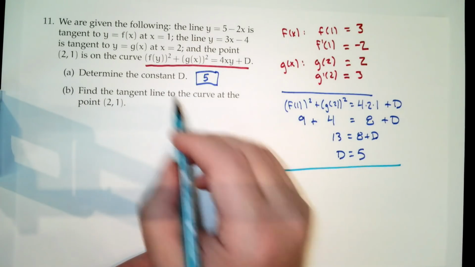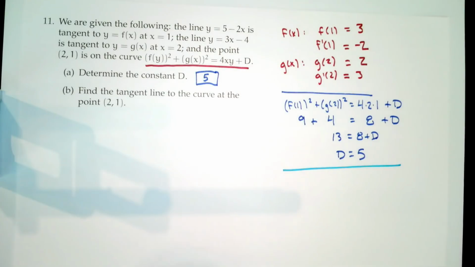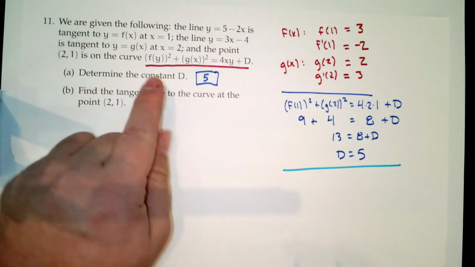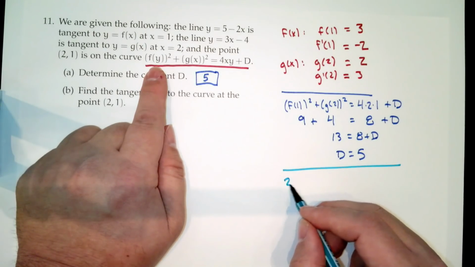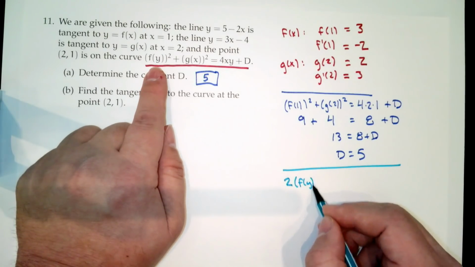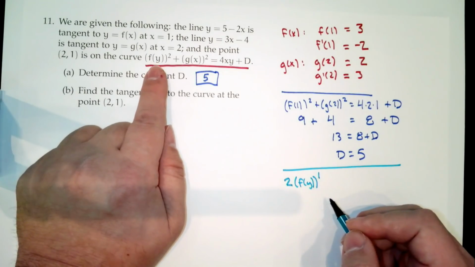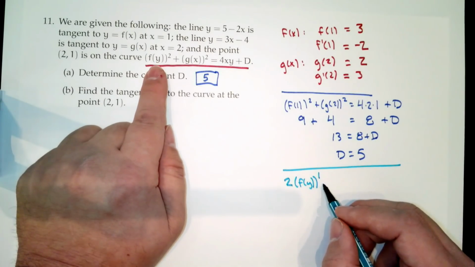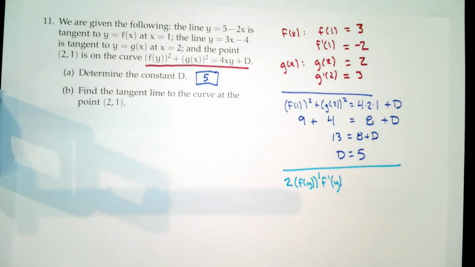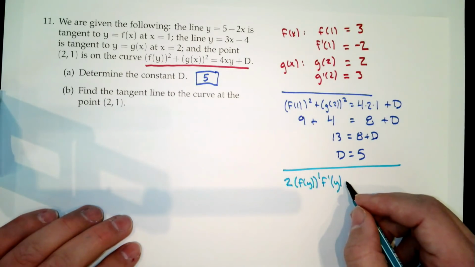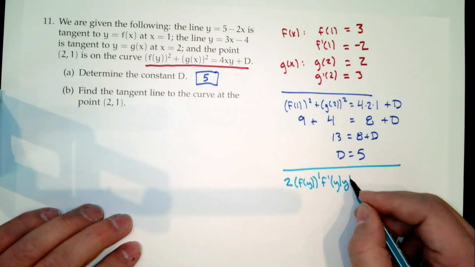So we're going to take the implicit derivative of both sides. Remember, think of y as a function of x. So when you get to the derivative of y, plug in y prime. The derivative of f of y squared, chain rule: the 2 comes down, f of y to the first power, times f prime of y, times the derivative of what's on the inside of f, which is the derivative of y, also known as dy/dx or y prime.